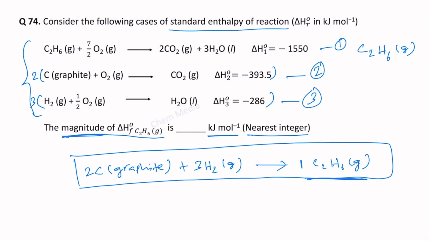And in the first equation, the C2H6 is on the reactant side. So this means we need to reverse the equation. We need to bring it to the product side. So if we bring it to the product side, what will happen to delta H1? Delta H1 naught will become minus delta H1 naught, because if we are converting reactants into products and products into reactants, then we need to change the sign.